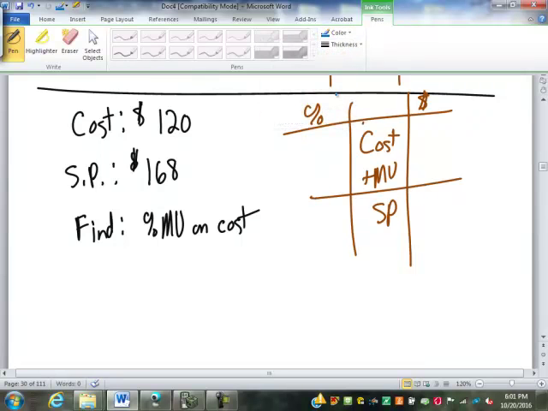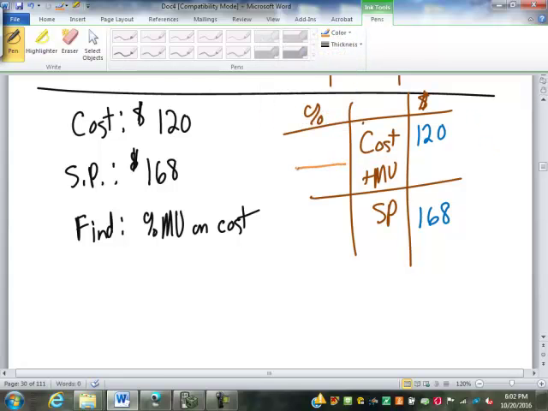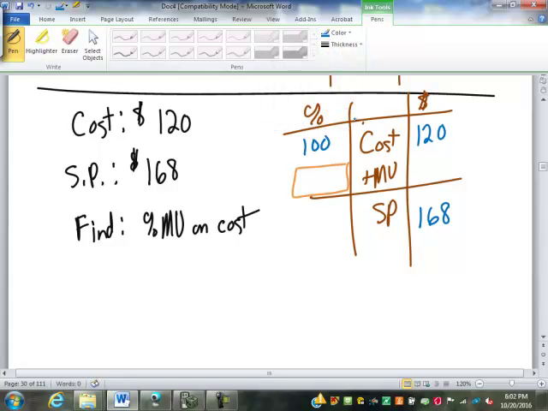So for this one, once again, we're given the dollar cost and the dollar selling price. But we are asked to find the percent markup based on cost, which tells us the 100% does go for the cost.